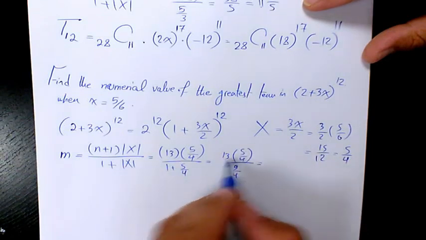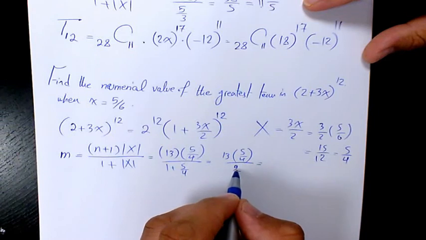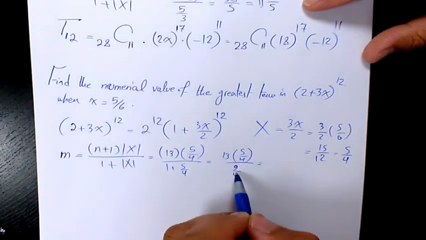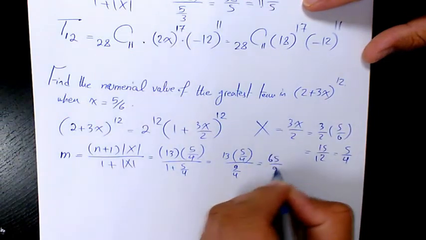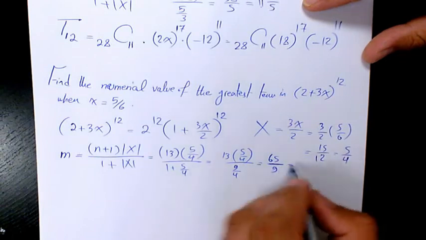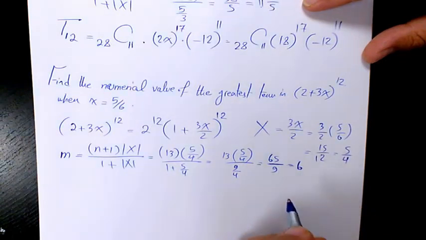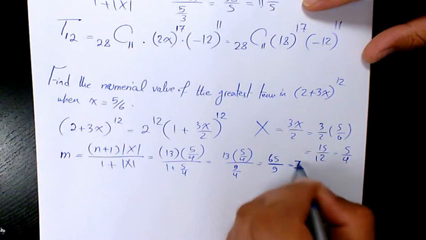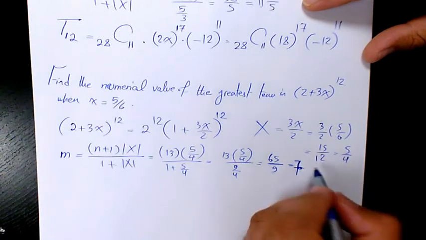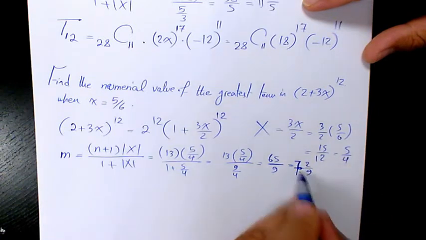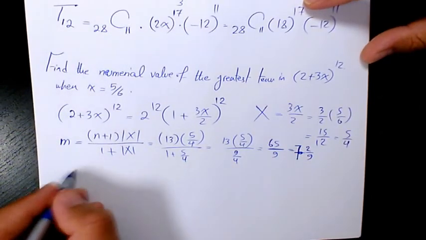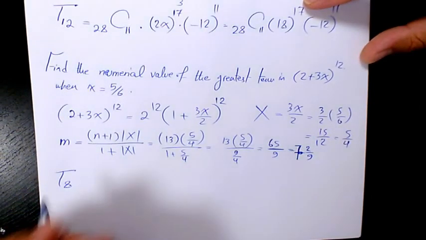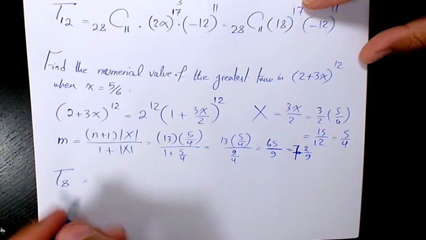Cancel out. 5 times 13 is going to be 65 divided by 9. 65 divided by 9 is going to be 6. Actually 7, because 7 times 9 is 63. 7 and 2 over 9. So 7 is the integral part, plus 1, 8. So T8 is the numerically greatest term.